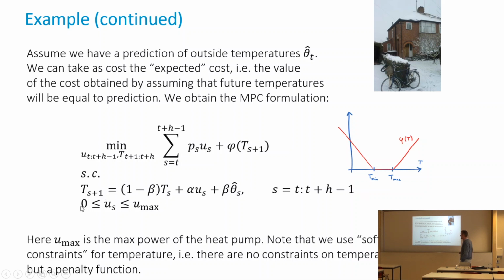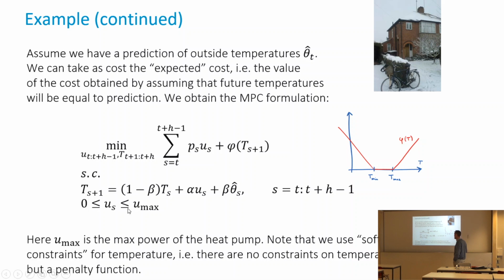Then we have constraints on our heating system. Typically we have a max power. In well-engineered heating systems, you don't want a max power that's too large because the heating system will be more expensive if the power is very large. But if the heating power is very small, we will have very little flexibility. So we might not be able to follow when it's very cold, for example.